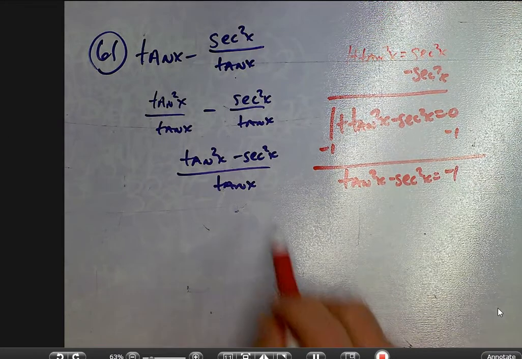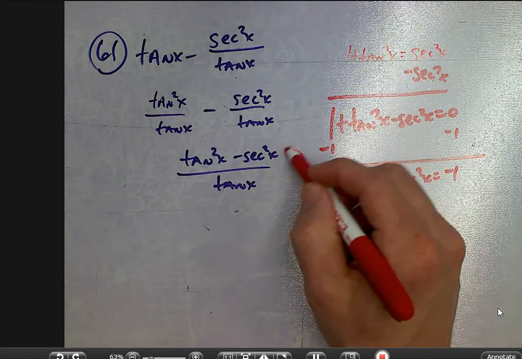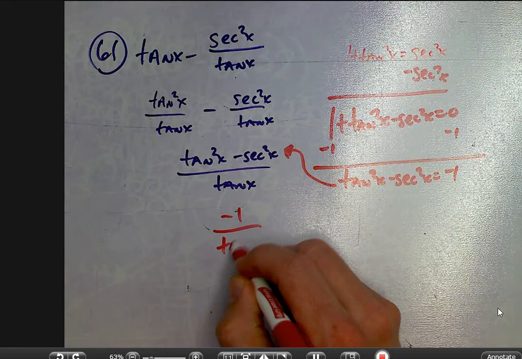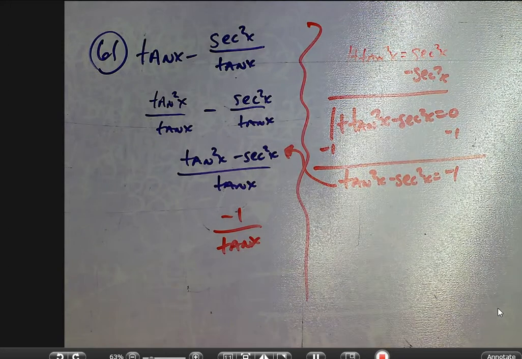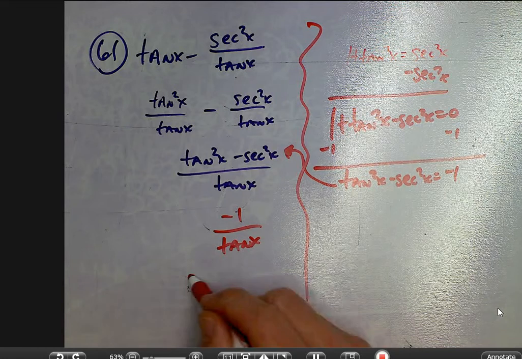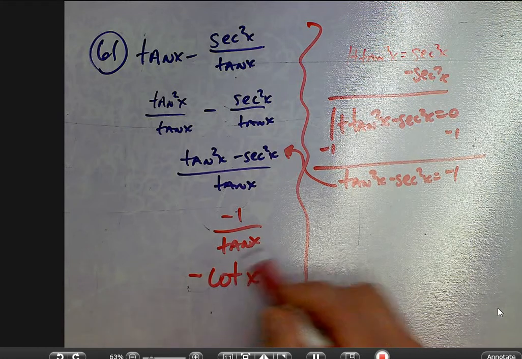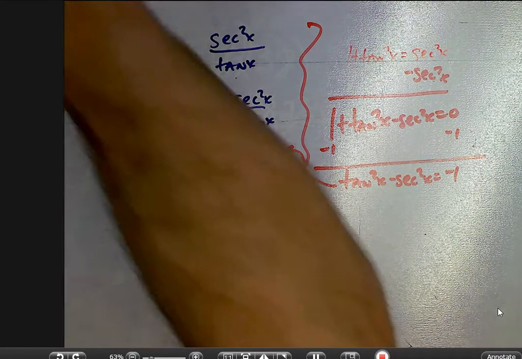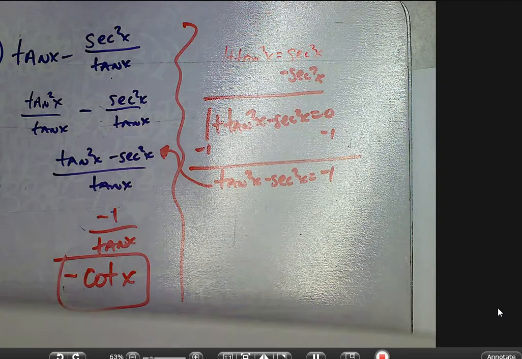And since I have tangent squared x minus secant squared x right there, I replace that with negative 1 over tangent of x. 1 over tangent of x is cotangent x, and so the answer to number 61 is negative cotangent of x.